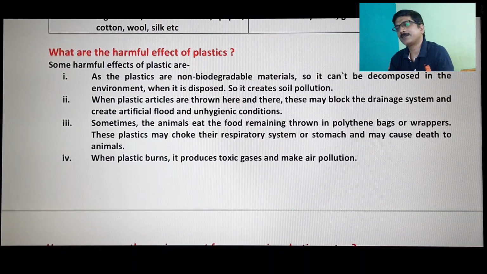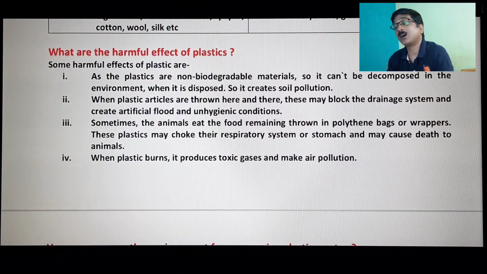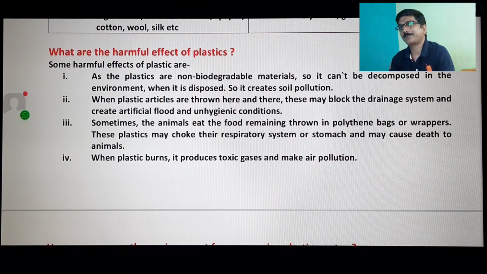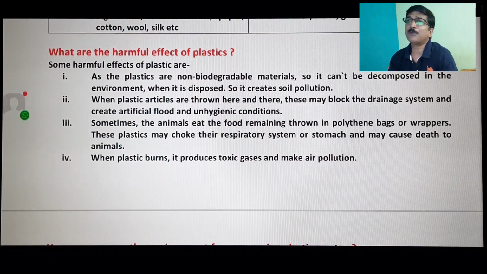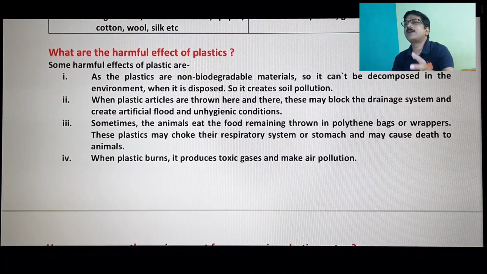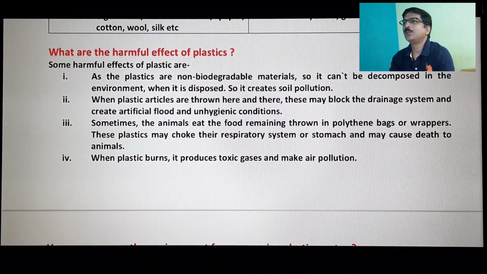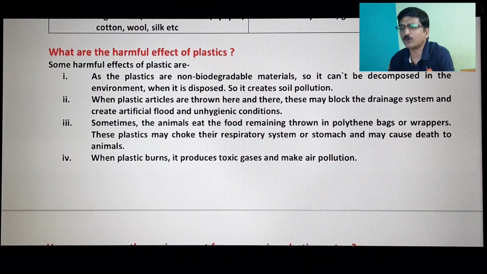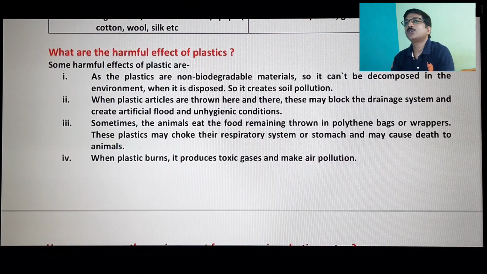That's why it may be called the foe of the environment. So what are the harmful effects of plastics? As plastics are non-biodegradable material, they cannot be decomposed in the environment naturally. When disposed, they cannot decompose. So it creates soil pollution.